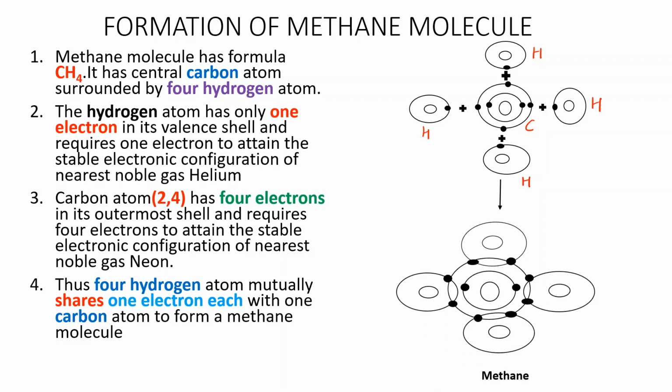Between carbon and hydrogen there is a single bond, so this structure can be represented in this fashion: H, C, H, here H and here H. You observe that between carbon and hydrogen only one pair of electron is involved. That's why it results in the formation of a carbon-hydrogen single bond. Like that, there are 4 carbon-hydrogen single bonds in methane molecule.